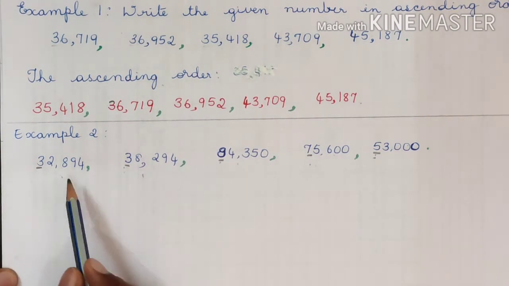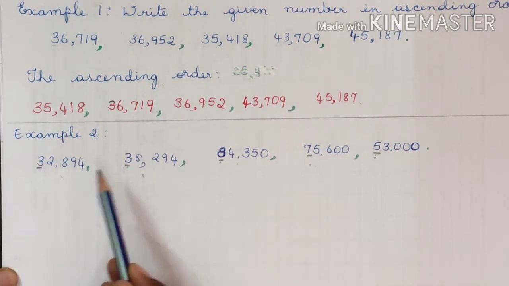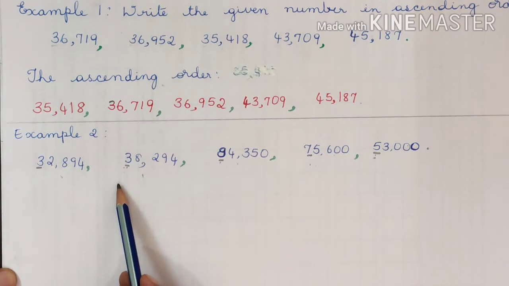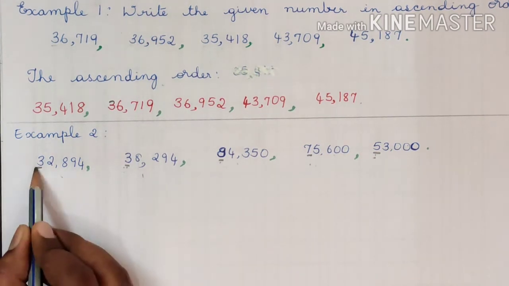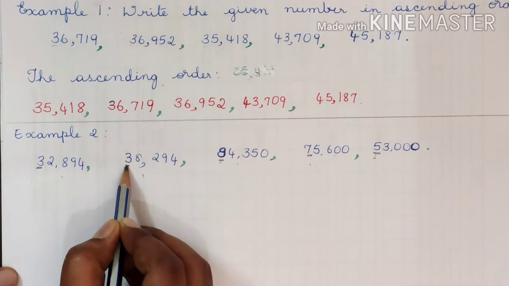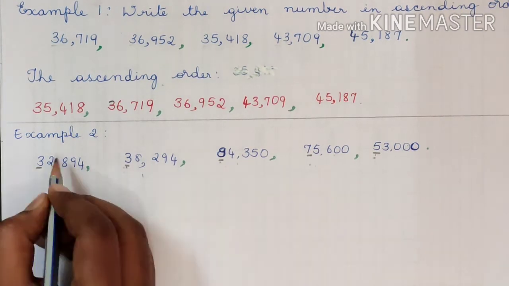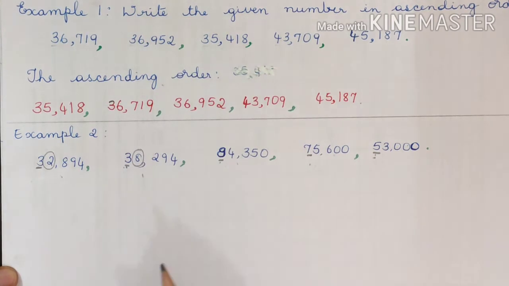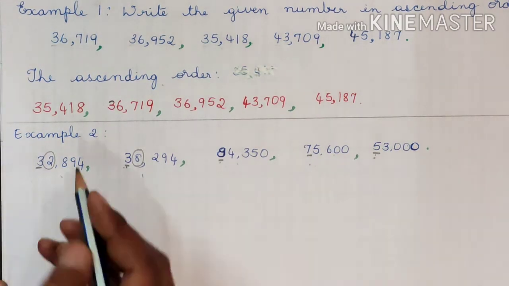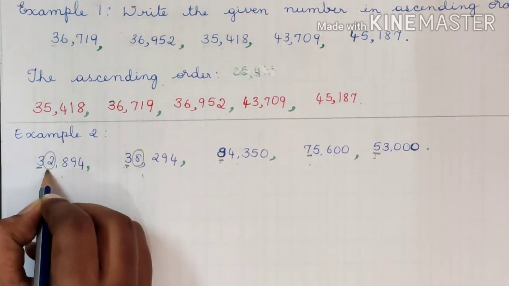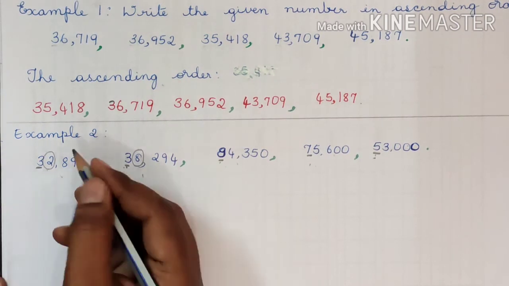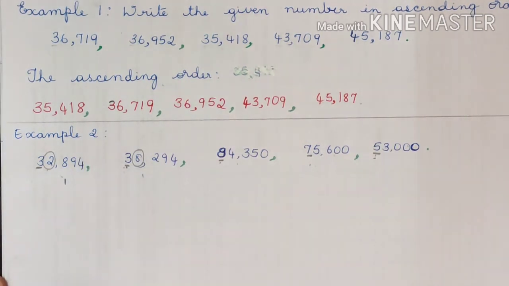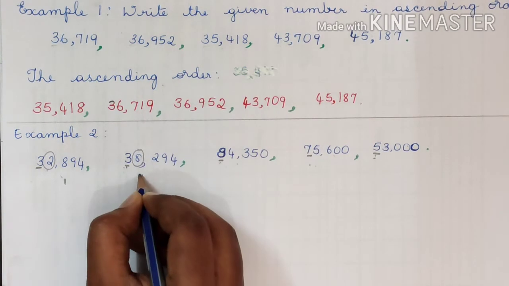Now let us compare these two numbers to find out the smallest number. Since 10,000s is same, we have to compare thousands place. We have 2 here in thousands place, 8 here in thousands place. Like that, if we compare, we come to know that this is the smallest number. This number comes first. So this is automatically the second number.